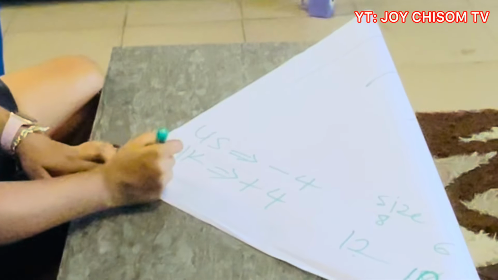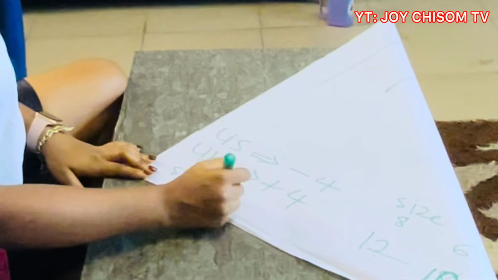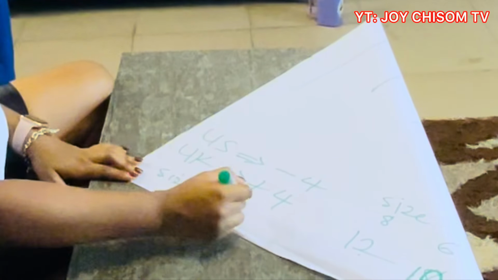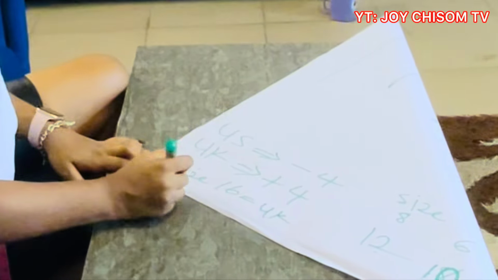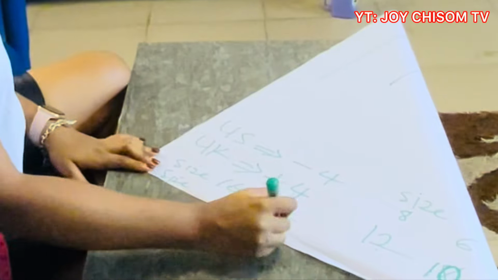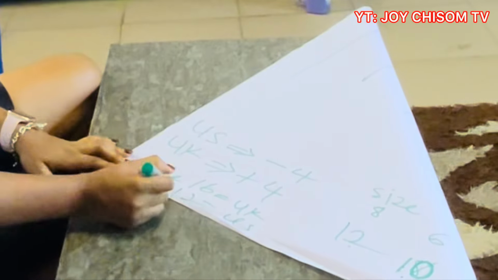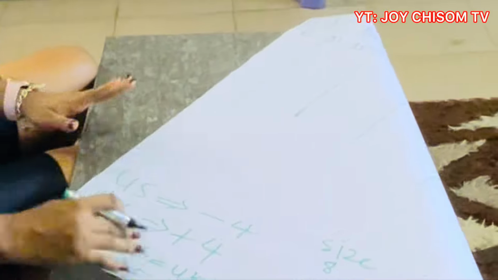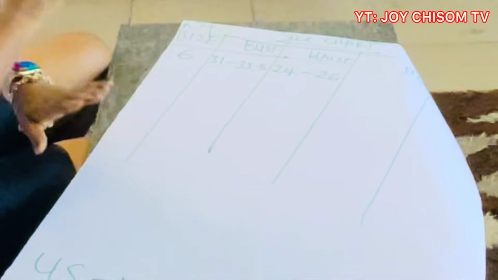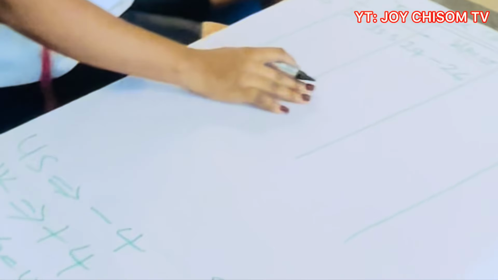Someone that is size 16 in UK will be what size in US? Size 12. You have to minus here and plus here. That's just the trick. I hope you're getting all these things.